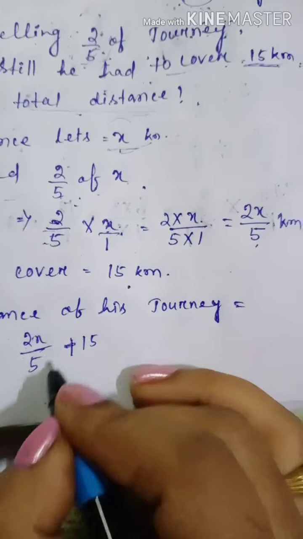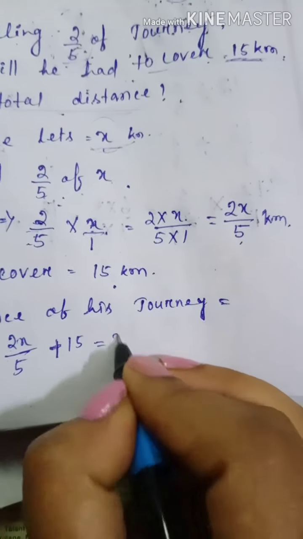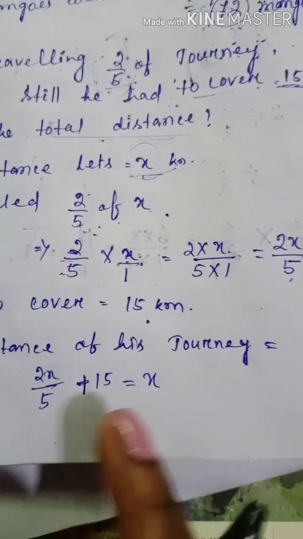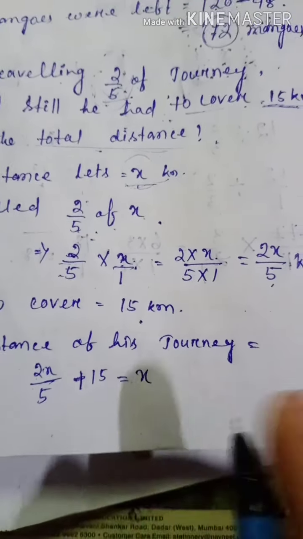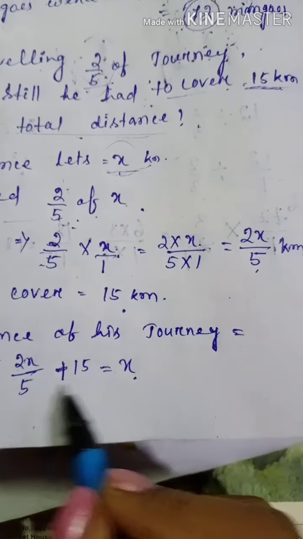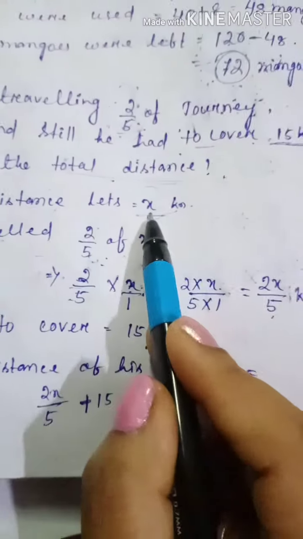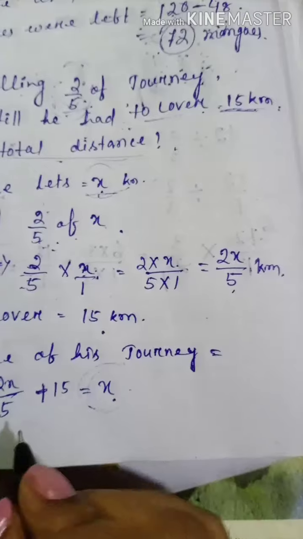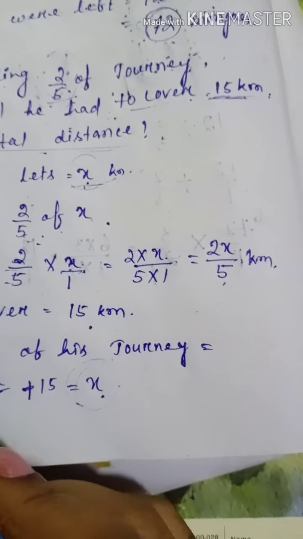Clear? 2x by 5 plus 15 is equal to x. Means if we add both the numbers, then it will be the total amount of distance, that is equal to x, which we already took. So see how it will be calculated.